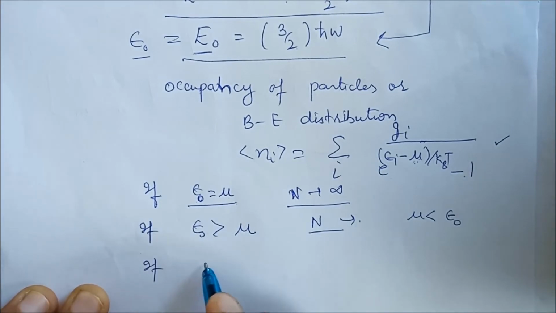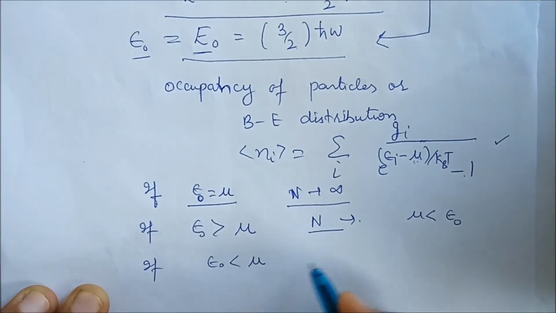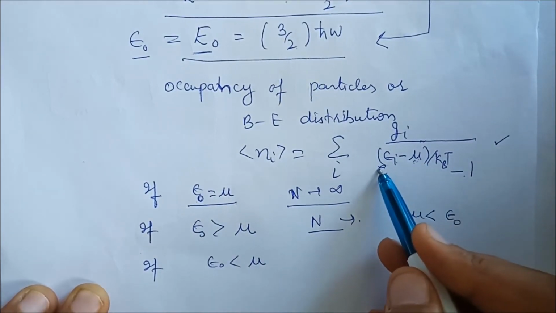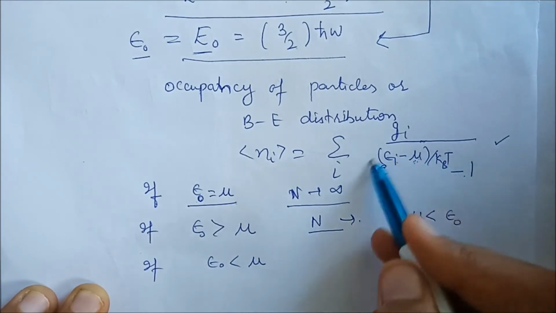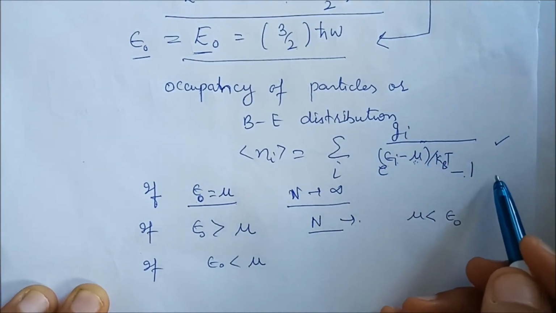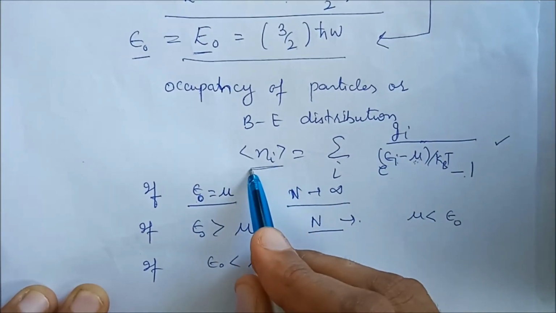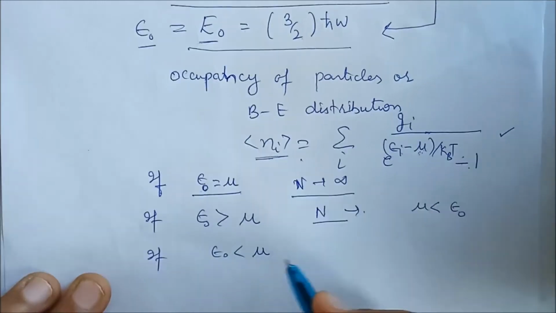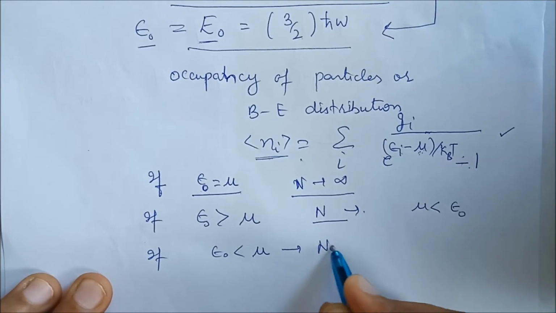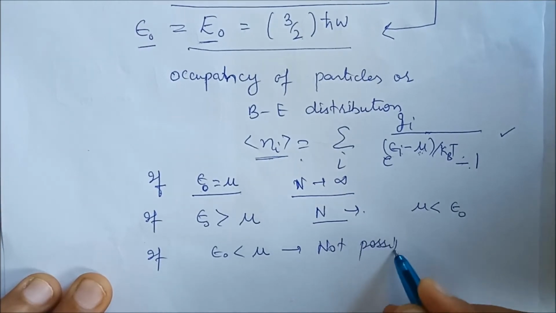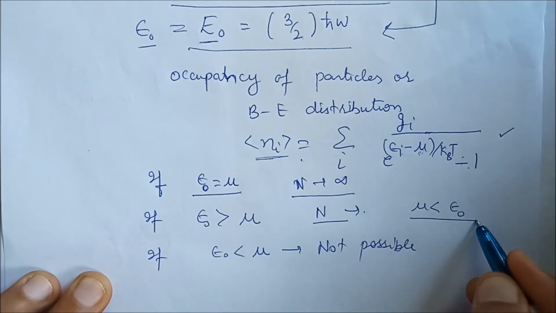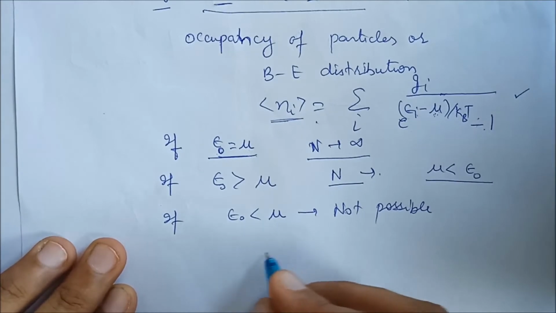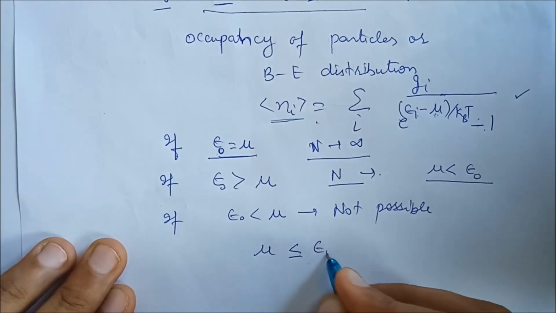And if we take epsilon less than mu, then the exponent is negative, so the whole denominator is negative and the number of bosons comes out negative, which is impossible. So this case is not feasible. Only two possibilities are there: either mu less than epsilon naught or mu equal to epsilon naught. So the answer is mu less than or equal to epsilon naught.